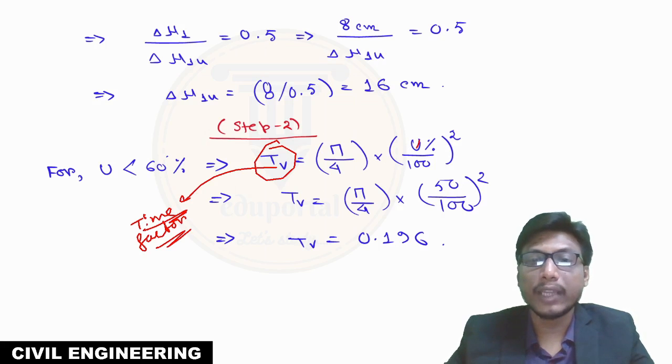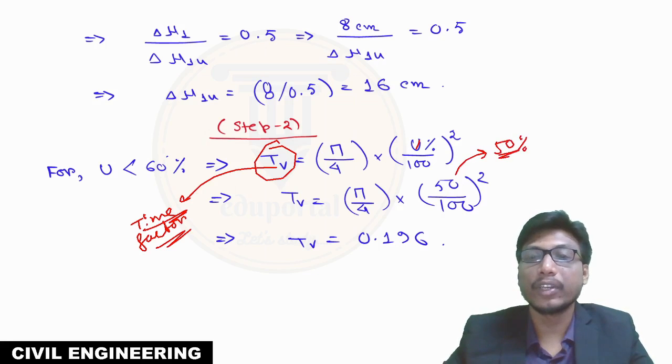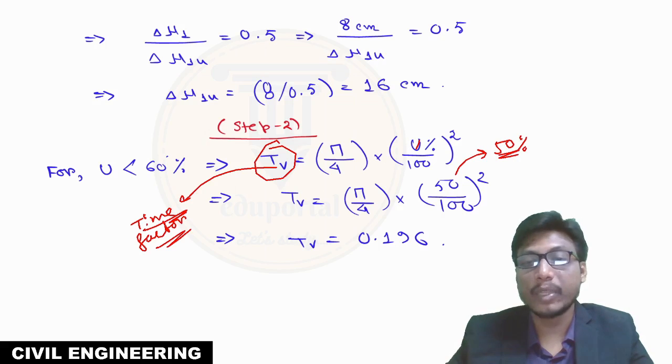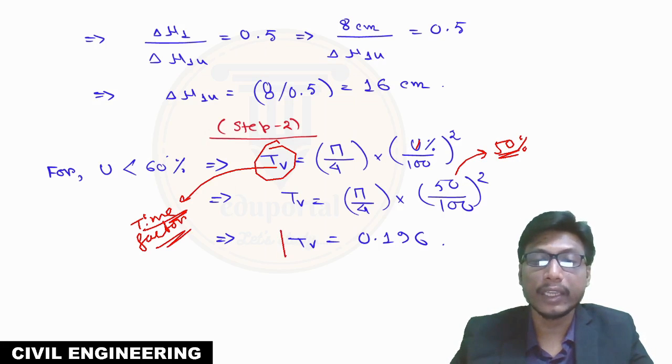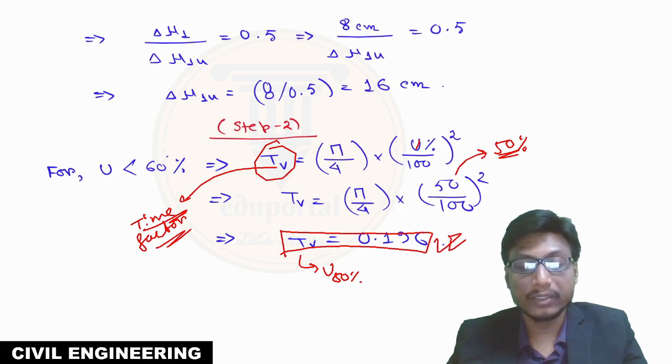That means if we write U in percentage, we need to divide it by 100. So TV is equal to pi by 4 into (50 by 100) squared, because for soil sample 1 we have degree of consolidation as 50%. Doing this we get TV, the time factor for 50% consolidation, as 0.196. This is important.